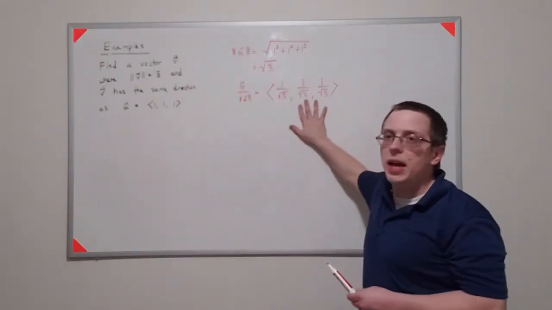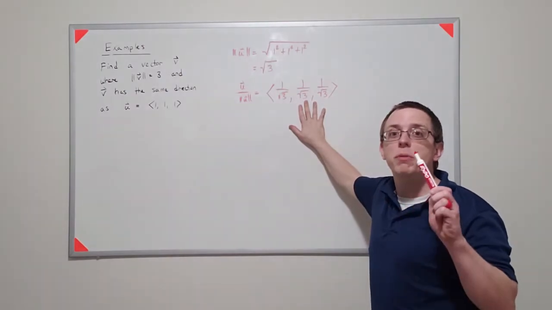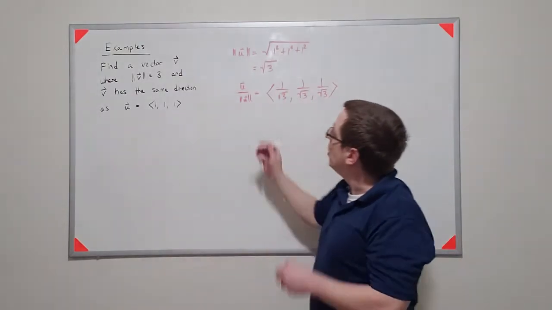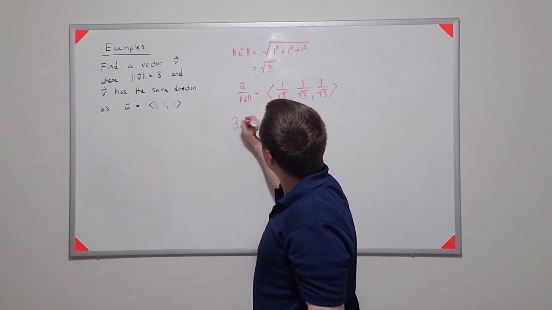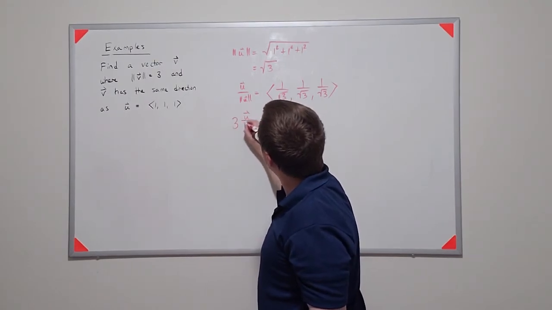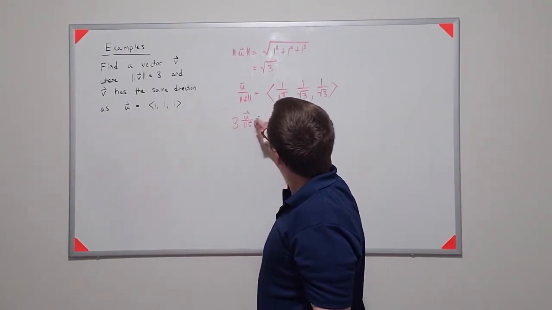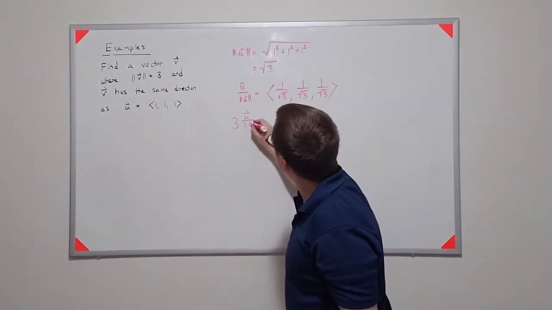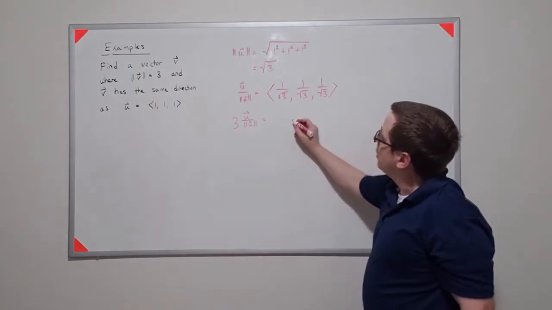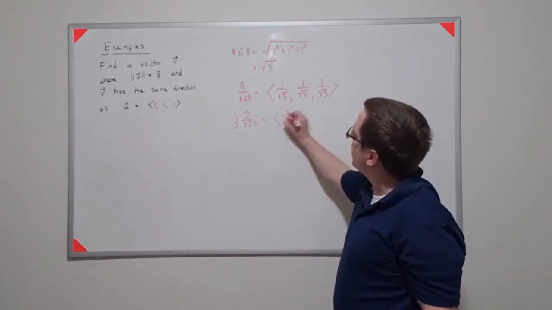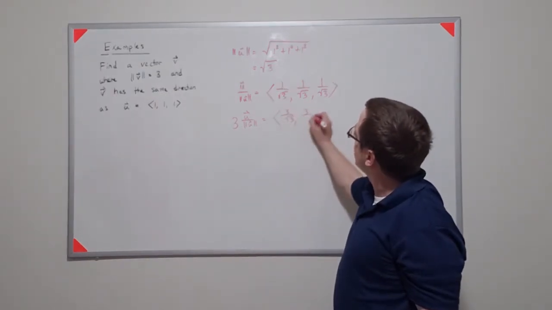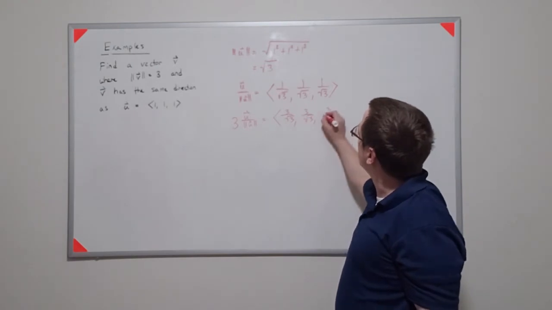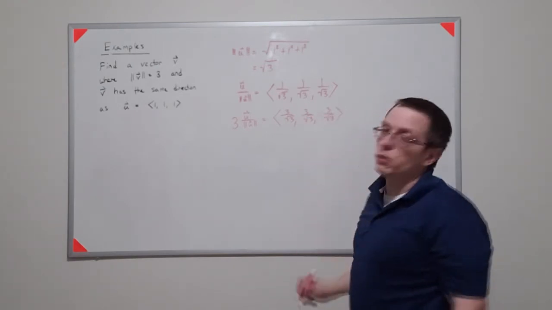So this has magnitude 1, but we need something with magnitude 3. So if we take 3 times this vector, not v, u, then we get 3 over the square root of 3, 3 over the square root of 3, 3 over the square root of 3.